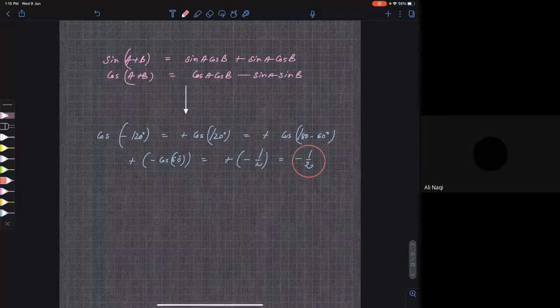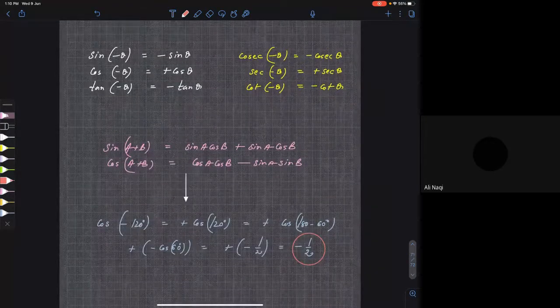Sir, why is cos of minus 120 equal to cos 120? Because cos of minus theta is always cos theta. I have written it here. Sir, that would apply only for fourth quadrant. No, it applies for fourth quadrant if theta is acute. See, these formulas are always true.